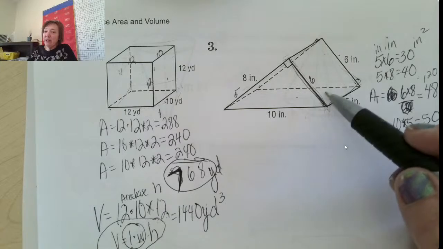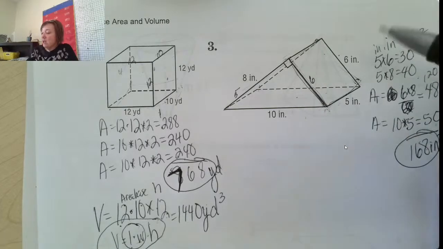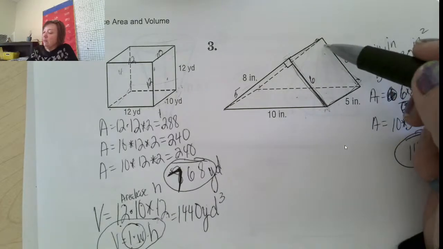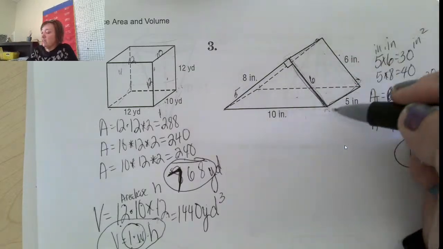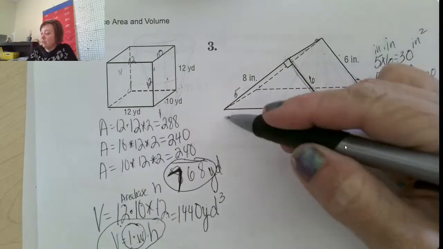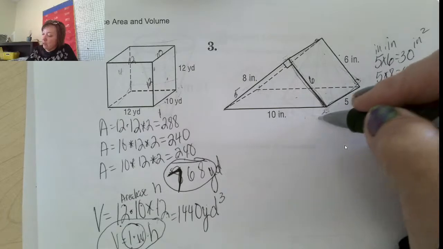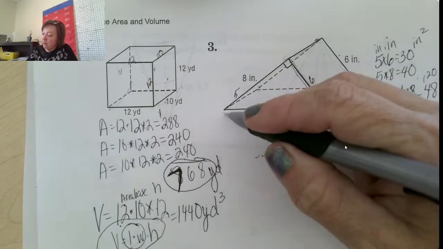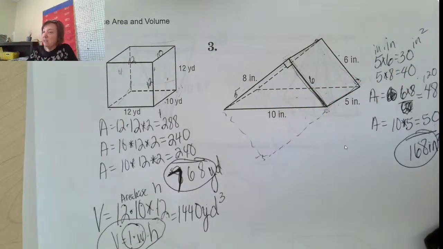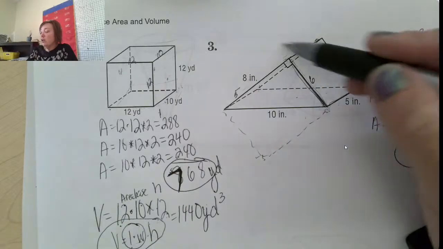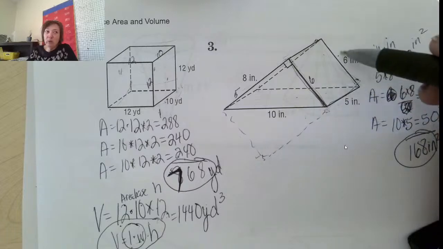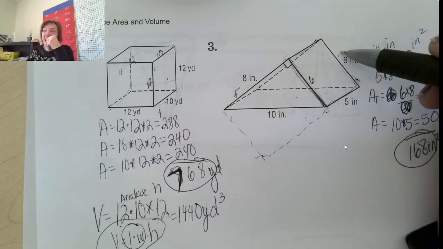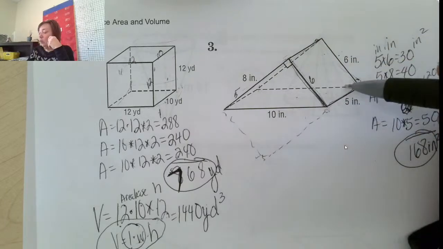When you have a wedge and you're doing volume like this, you'll find the volume of, if this had been a rectangle, so if this went straight up like this, right, and went straight over like this, do y'all see it? So you would find the volume of what the rectangle would be, and then you're just going to divide that in half. And that's how you find the volume of a wedge.